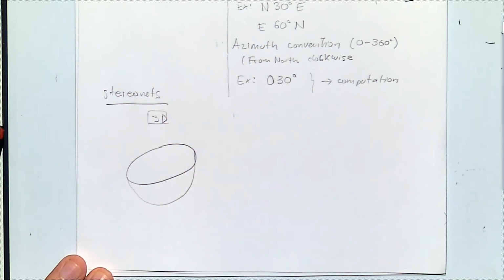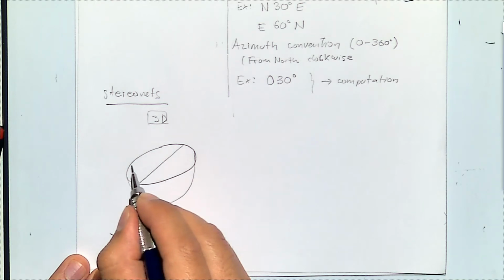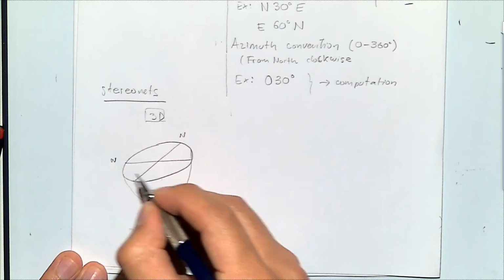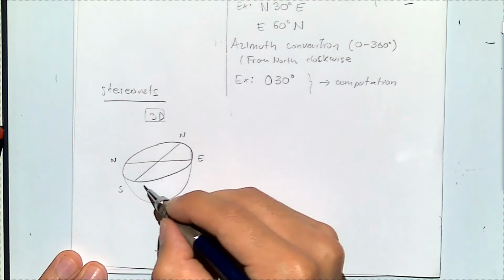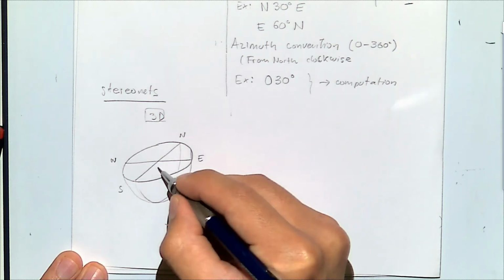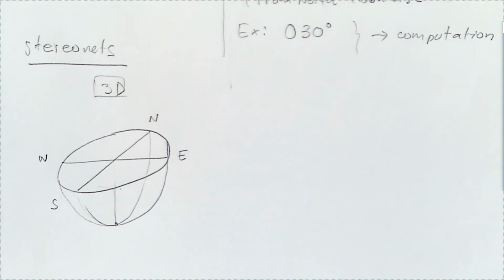So this is like a cup in which here we have the north, the west, the east, and here the south. But now this is a semi-spherical cup where the bottom of this cup is round right here. All right. So can you see this 3D figure?